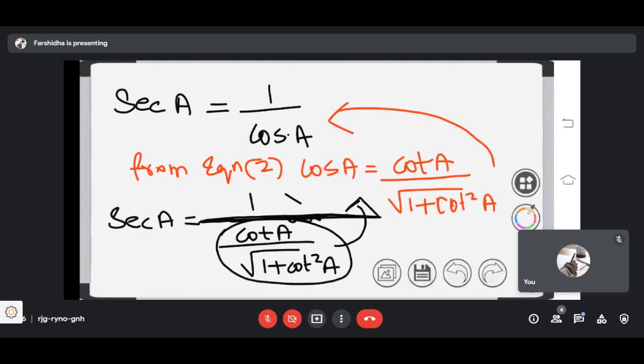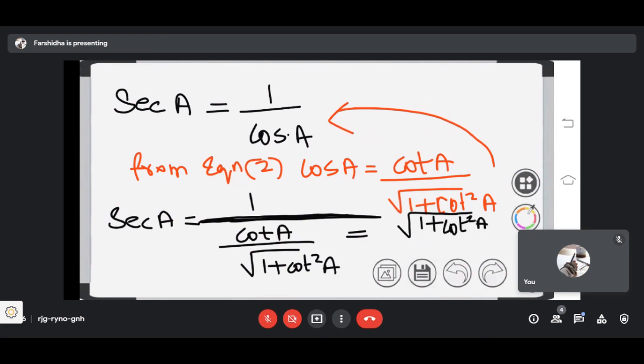So I'm taking this denominator, cot A by root of 1 plus cot square A, to the other side; it becomes the reciprocal and the division becomes multiplication. In the next step, you write equal to root of 1 plus cot square A divided by cot A.